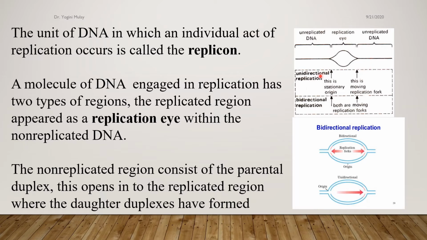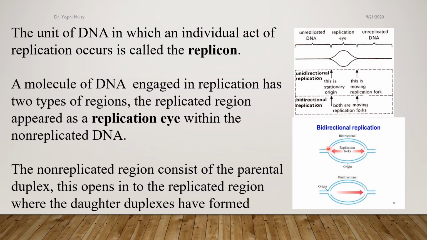But whenever we look at this replication I, we cannot point out, just by looking at the replication I, whether it is bidirectional replication or unidirectional replication. If it is a bidirectional replication, then there would be two replication forks. This is the one replication fork which will move in this direction.